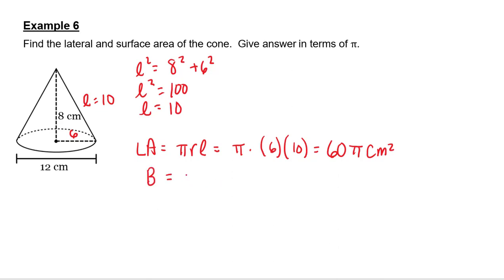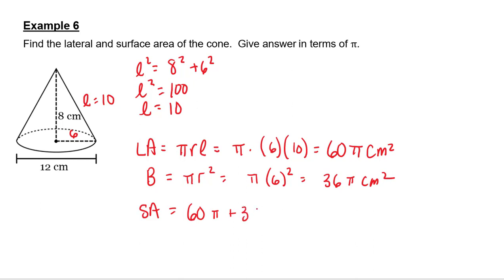The area of the base is pi r squared, so that's pi times 6 squared, so that is 36 pi centimeters squared. So my surface area, I add those two together. Okay, and that is our lateral area and surface area.